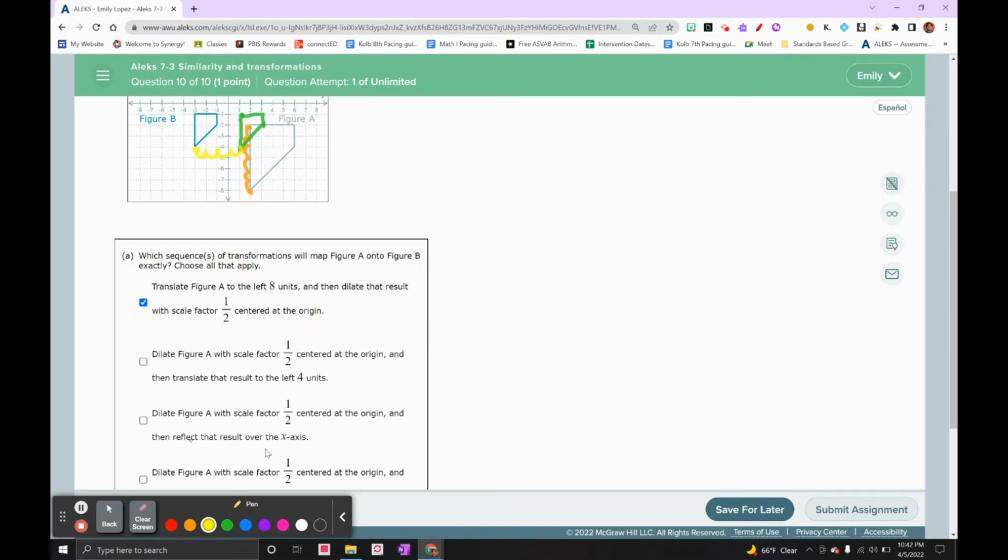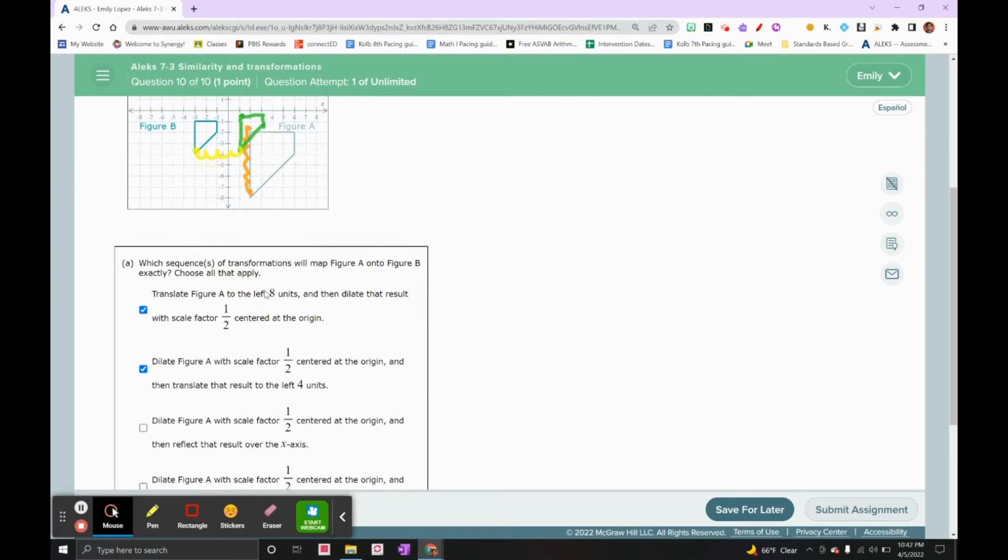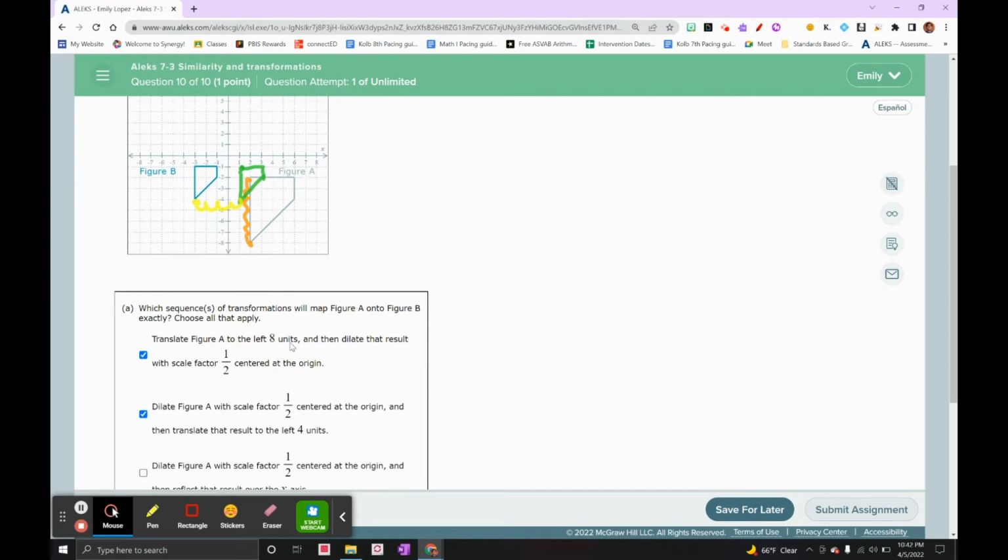That also looks right. Okay. Translate figure A 8 units to the left, and then dilate the result with scale factor of 1/2, center at the origin. I don't think anything is wrong with that.